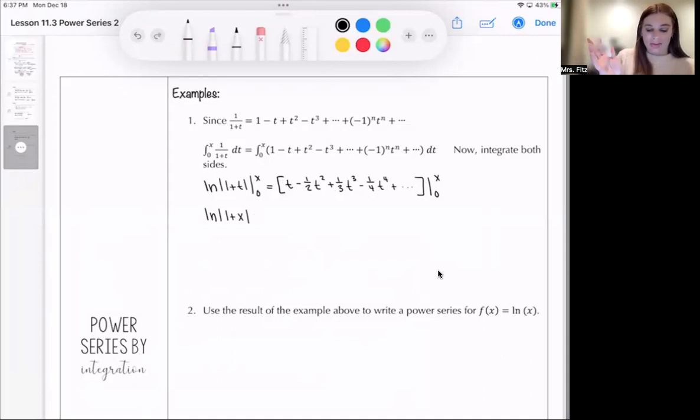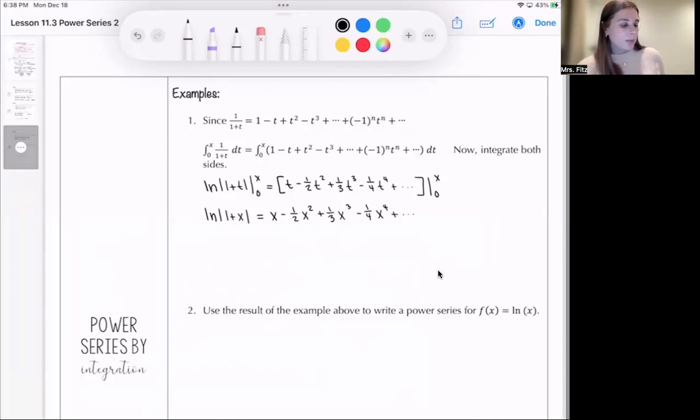So we can actually just write it like that, is equal to, and then we'll plug in x, so we have x minus 1/2 x squared plus 1/3 x cubed minus 1/4 x to the 4th plus dot dot dot. Now, this isn't being subtracted by anything because when we plug in 0 for all those terms, they're just 0 and we're subtracting 0. So we actually have found the power series for the natural log of 1 plus x.